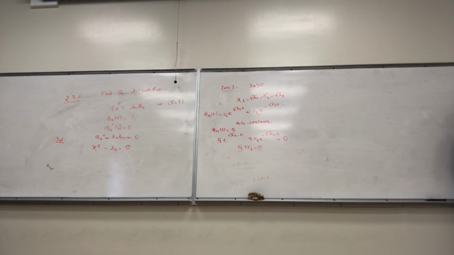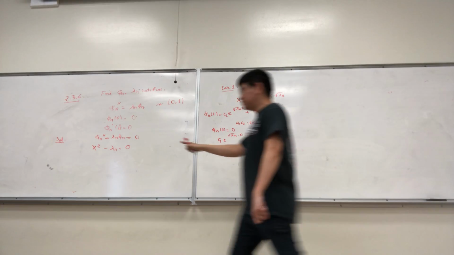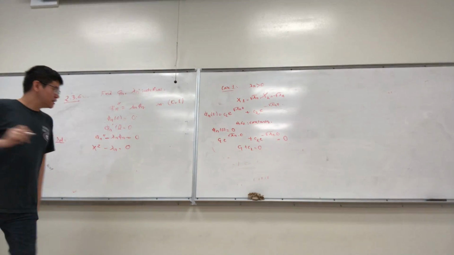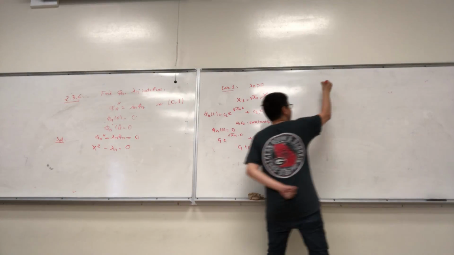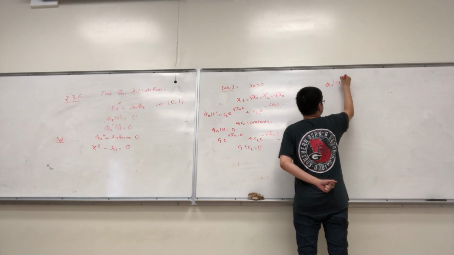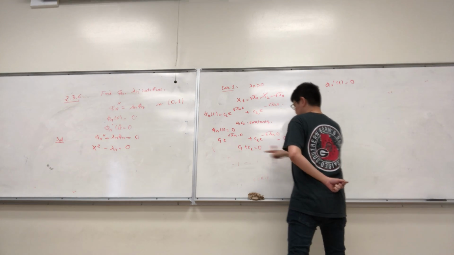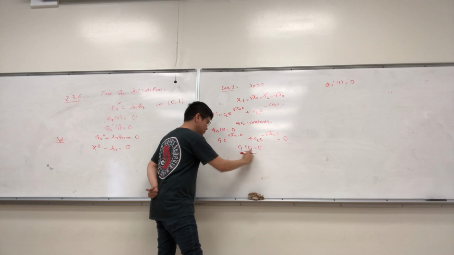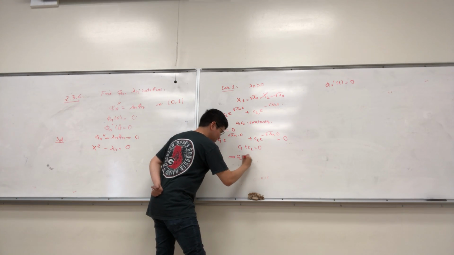Next step: take another boundary condition. Now I'm going to use the second condition, right? So I have phi n at 1 is going to be 0. Here I have C1 plus C2 is 0, so C2 is minus C1.